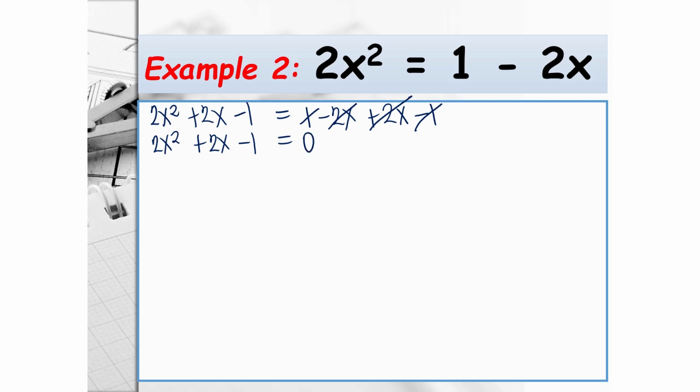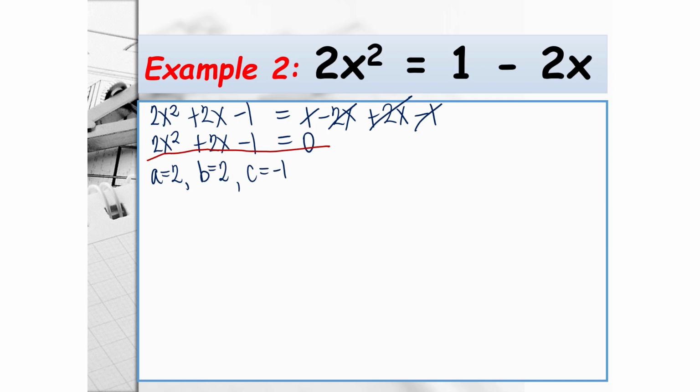So, 0 on the right side of the equation. So, this is the standard form. After that is identify the values of a, b, and c. So, a is 2. The value of b is also 2. And the value of c is equal to negative 1.